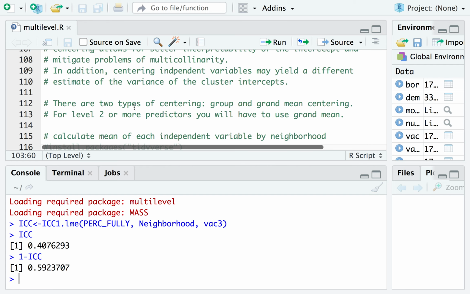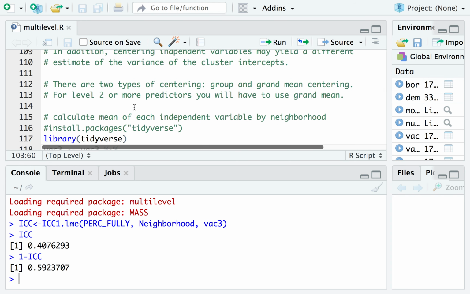Now, there are two types of centering, group and grand mean centering. Group mean centering means you are subtracting the mean of that group or that clustering from each individual participant, in this case zip code. So for each neighborhood, I will calculate a mean and subtract it from that group.